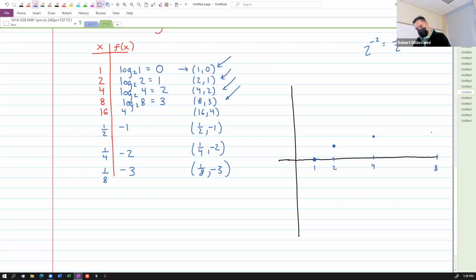I'm going to run out of room. Y'all see that? So far, here's what our graph looks like. If we were to connect these, our graph looks like this.